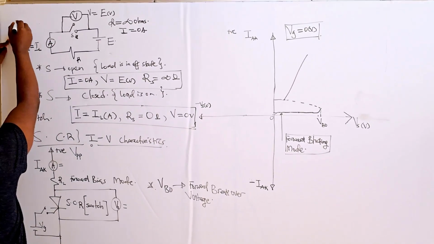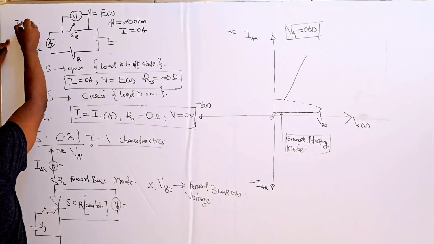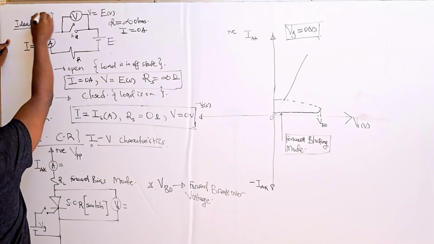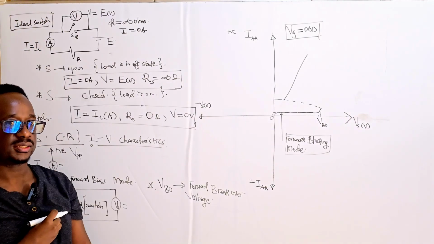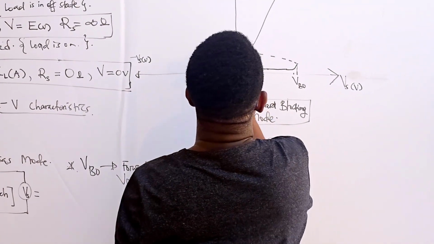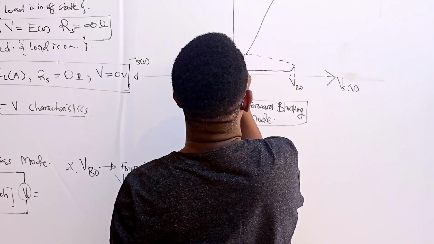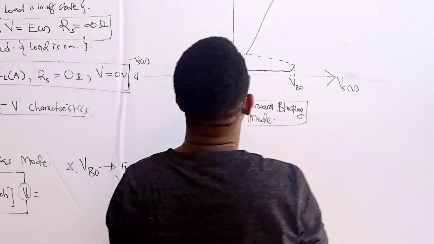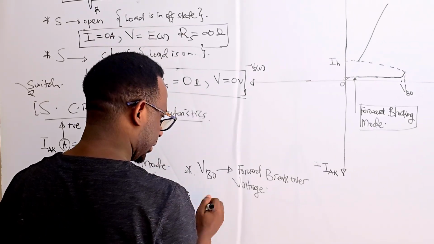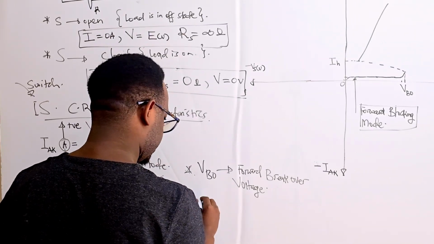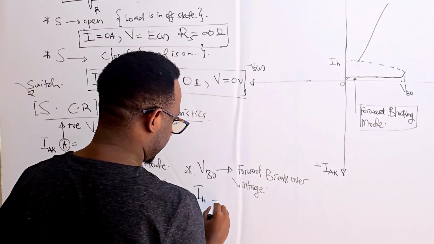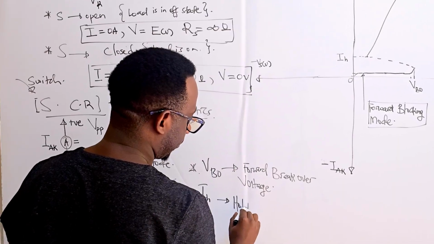like close to an ideal switch. I remember discussing this in the very first lectures. This is what we call IH, the holding current, which I discussed in the previous few minutes.